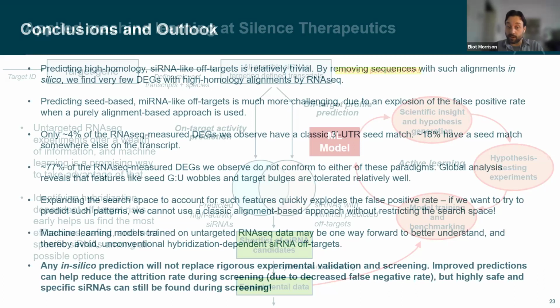And I think this is actually a great thing because on the one hand, you mitigate the risk of false negatives by such screening experiments, which is great, of course. But also as a bioinformatician, I'm always excited when you generate new data, because we can hopefully learn from these data and possibly train models and ideally improve our understanding of what these off-targets might look like.